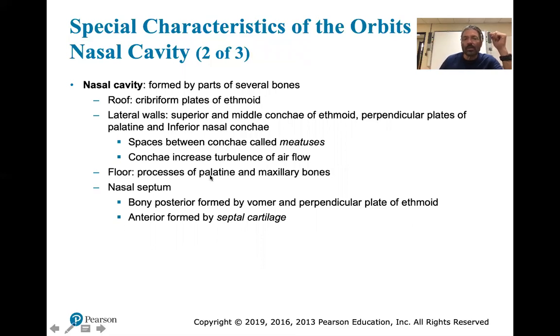The floor is the palatine processes and the maxillary bones, the floor of your sinuses. The nasal septum is the portion that divides it from left to right, and I'm sure you've all heard of people with a deviated septum. If somebody has a deviated septum, they usually have trouble breathing, or their voice sounds a little weird.